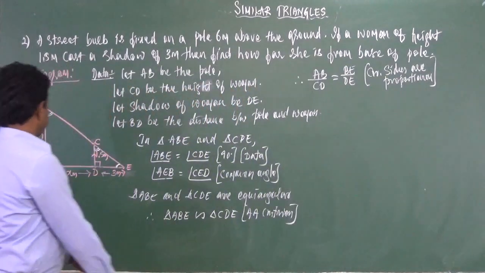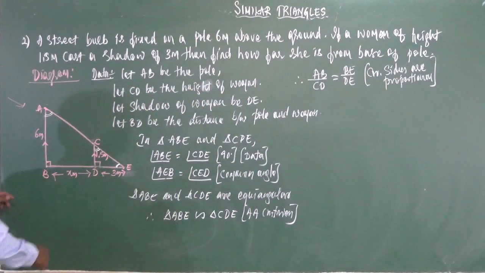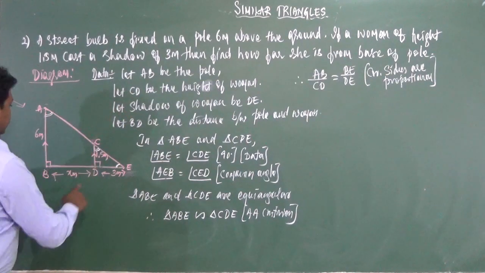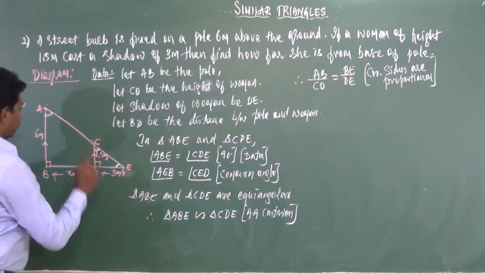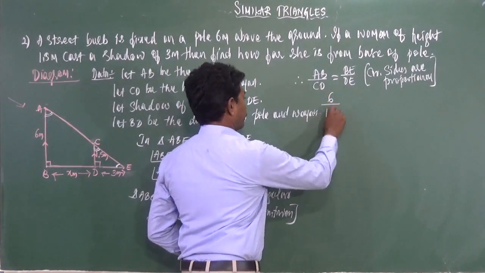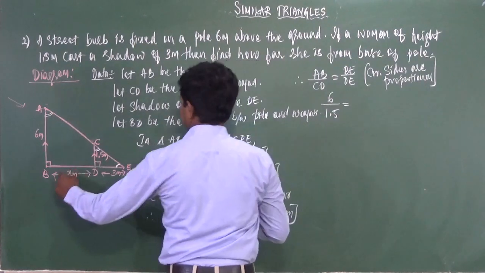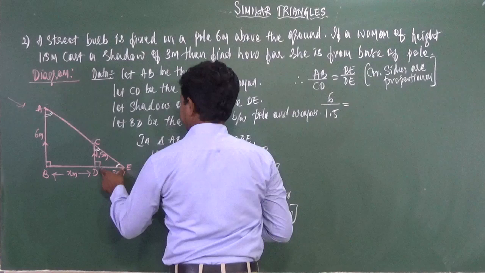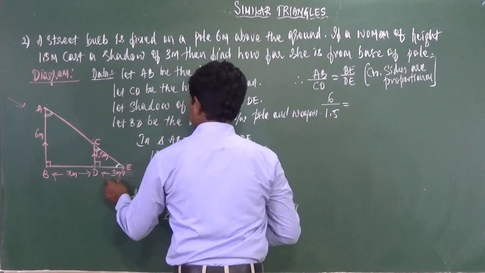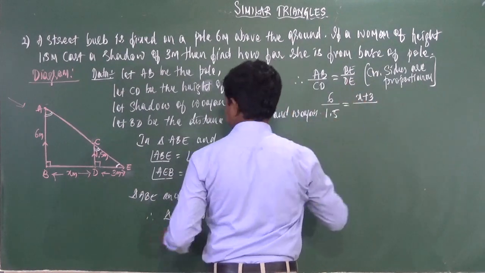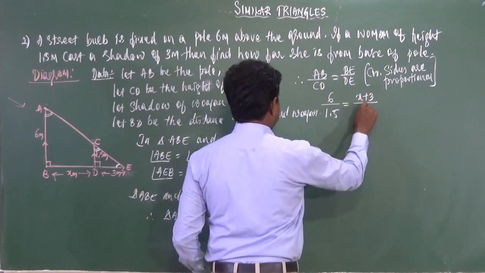Now we'll substitute the values. AB is 6, and CD is 1.5. So it becomes 6 by 1.5 is equal to BE, that is BD plus DE, that is X plus 3, by DE. DE is 3 again, right?